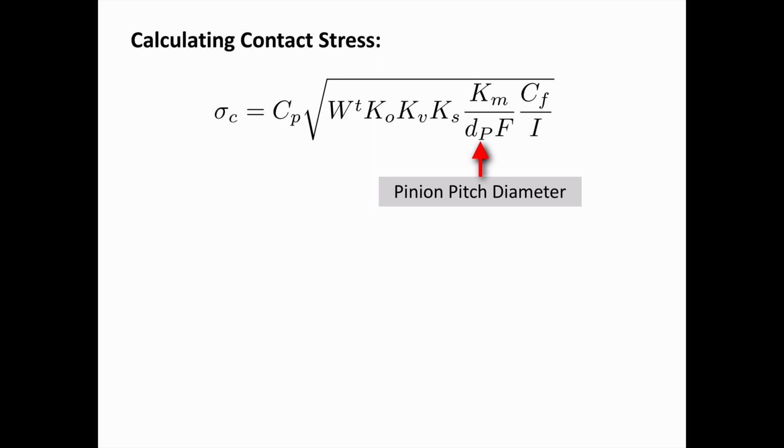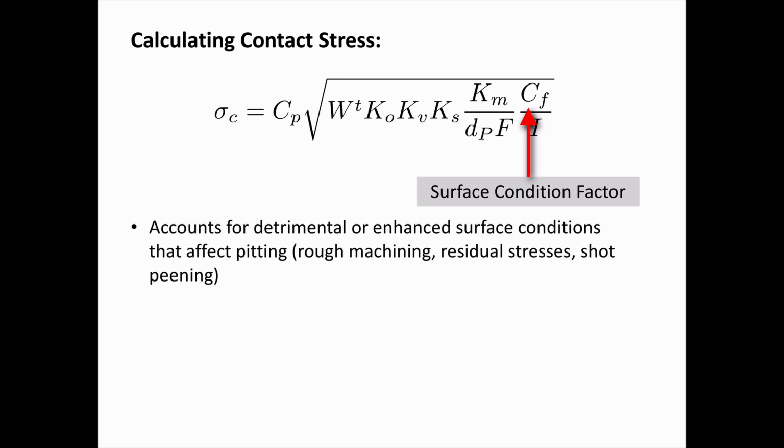The next quantity is the pinion pitch diameter and the face width. So those two items are part of the geometric design of the gear set. The next factor is the surface condition factor. This can account for different surface properties, whether those are detrimental or whether they enhance the pitting behavior of the gear teeth.